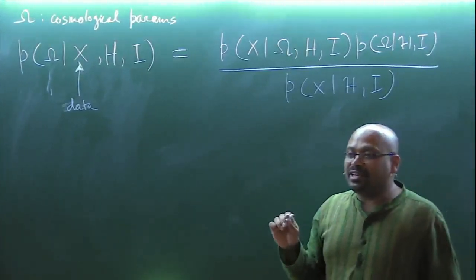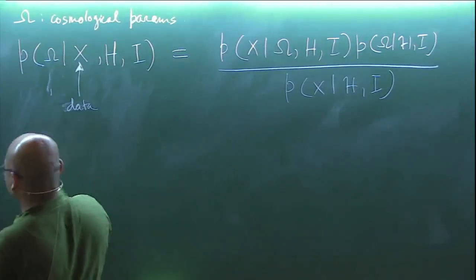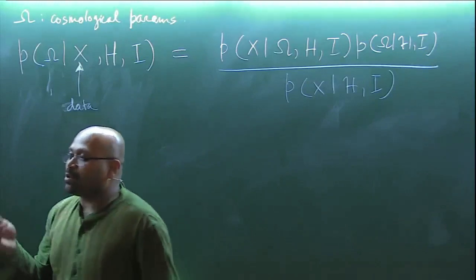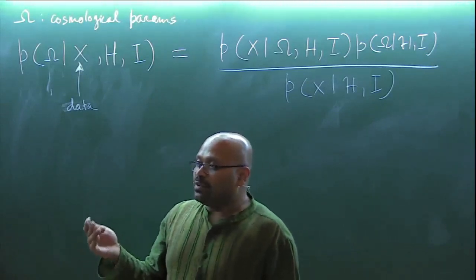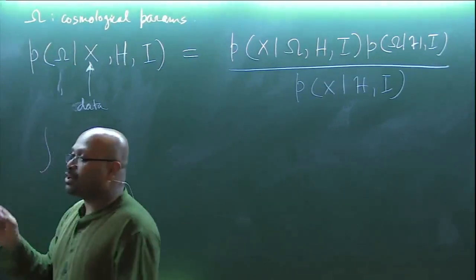Do people know what a probability density is? A probability is a number, and the probability has to be a number between 0 and 1, while a probability density is something which you can integrate over to get a probability.